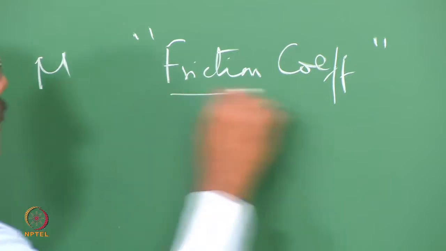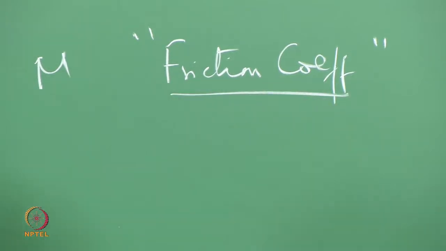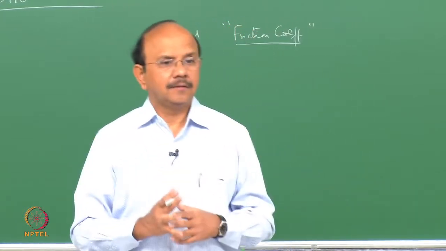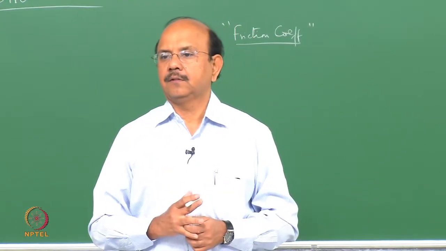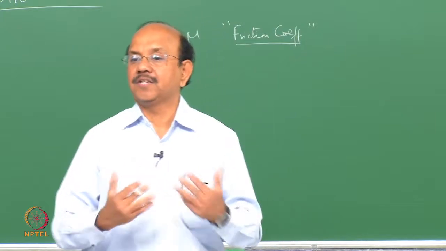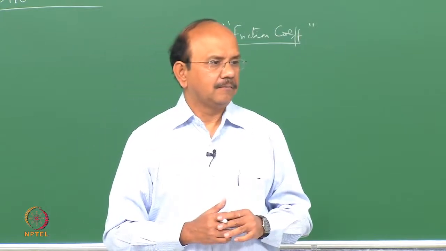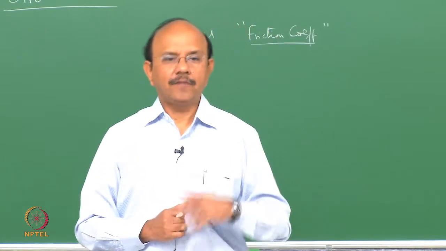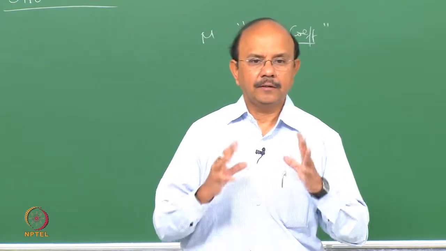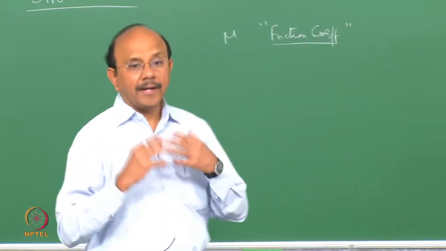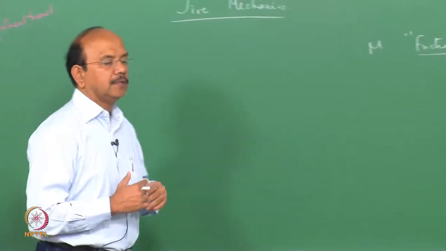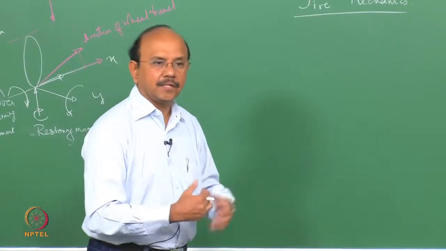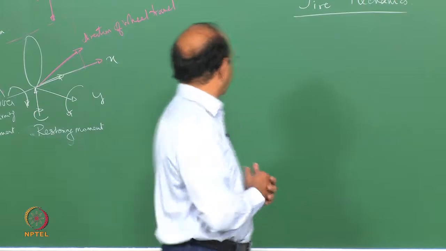So friction coefficient is only a simple equation to depict the relationship between the forces, but the phenomena is very deep. We will answer, one by one, why or how this friction coefficient or friction is developed, and how it enhances the grip, and so on.